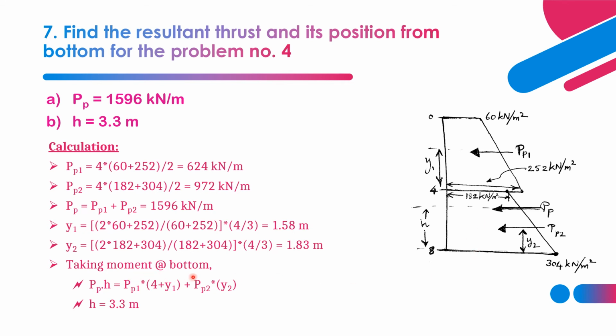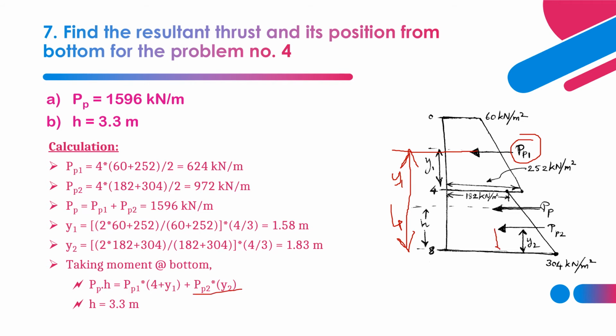Upon taking moment about the bottom, we can calculate the h value. So PP into h is equal to PP1 into (4 plus y1). Why 4 plus y1? Because we are calculating about the bottom, so this layer wholly we have to consider, 4 plus y1, that is the distance at which PP1 is acting, plus PP2 into y2.